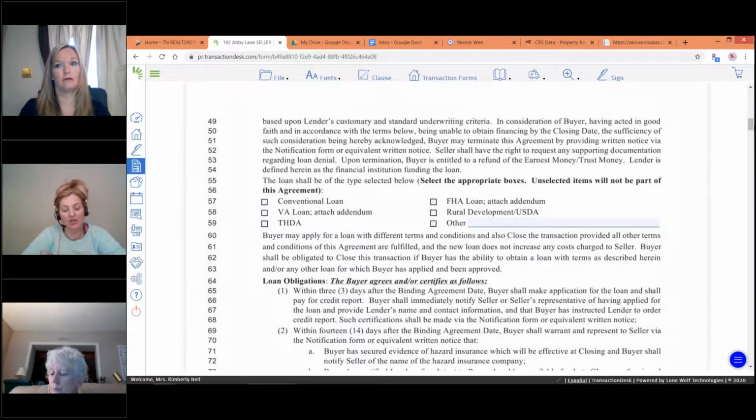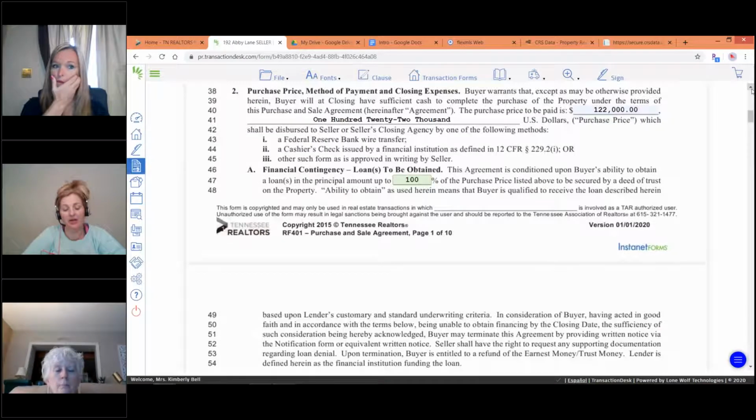So if I jump up and I do 43 through 45, those are just other ways besides the financial contingency. So a Federal Reserve Bank wire transfer, et cetera. They're saying that all that money shall be dispersed to the seller or the seller's closing agency. Those are the ways that it gets dispersed.